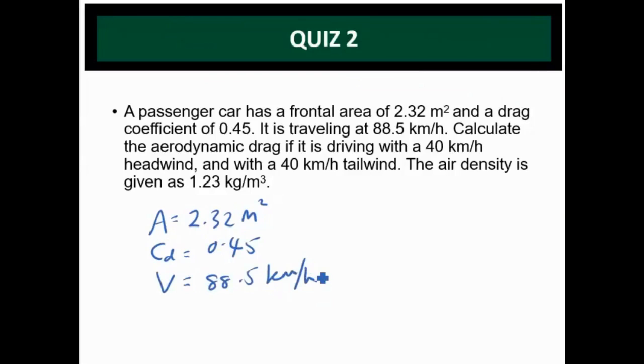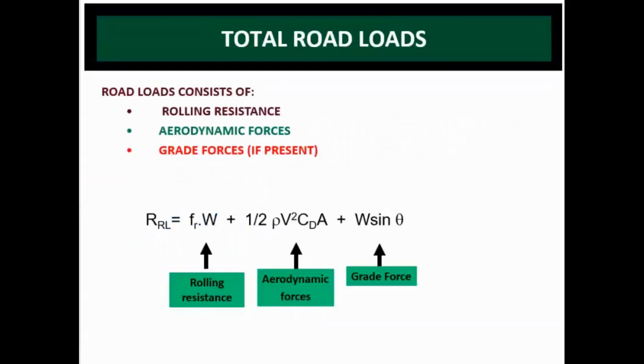If the vehicle is driving with 40 km per hour headwind, ada headwind 40 km per hour, and tailwind also the same speed, 40 km per hour, and then assume the density of the air is 1.23 kilogram per meter cube. So equation ini nak guna yang tadi lah, aerodynamic force.